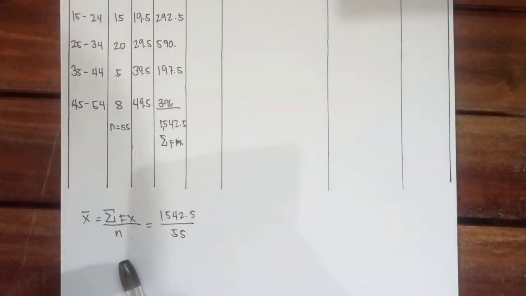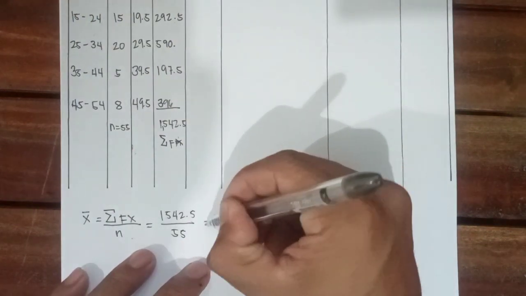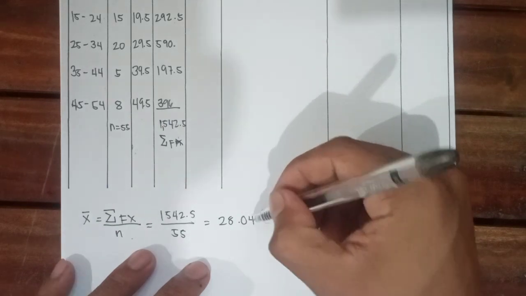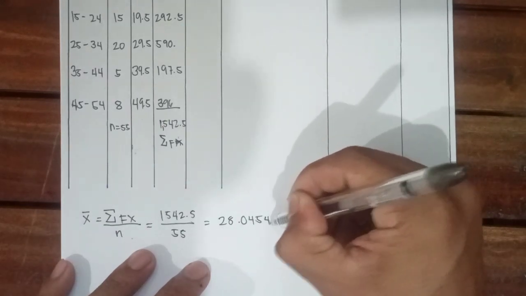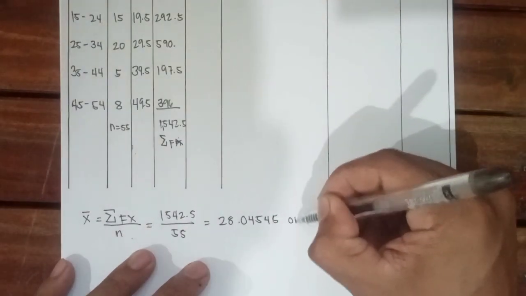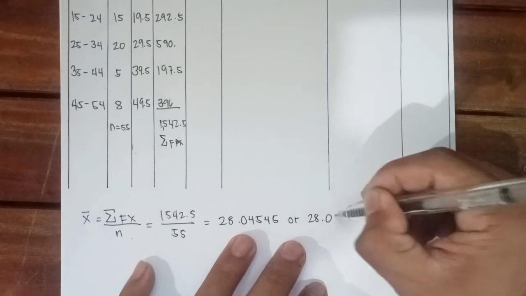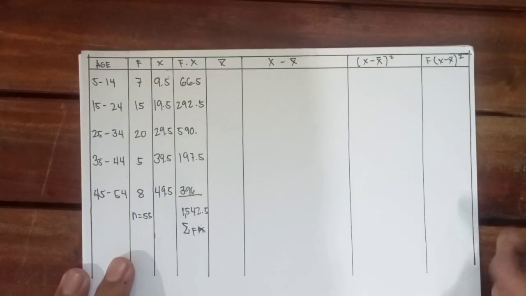So, input natin sa calculator 1542.5 over 55. And the answer is 28.04545, so on. Pwede naman po natin itong ilagay na 28.05. So ayan na po, meron na po tayong mean.